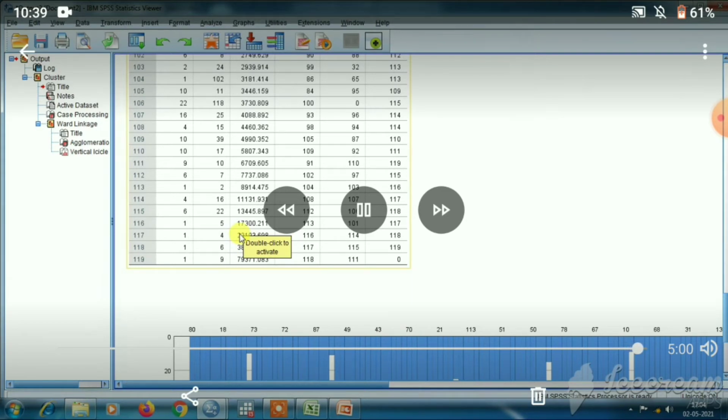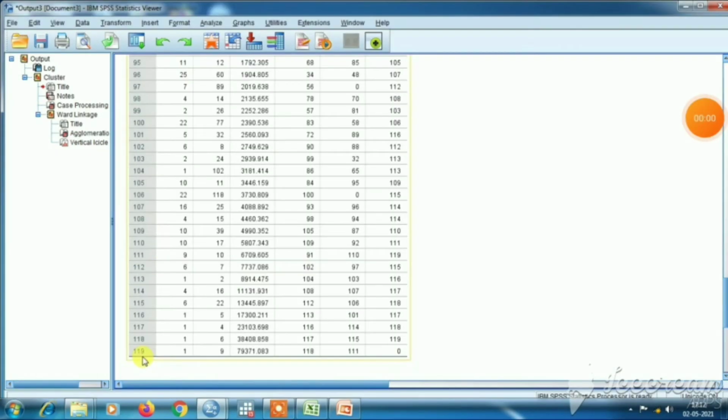So the number of possible clusters is 120 minus 117, that means 3 clusters. The jump is huge here, about 36,000, so we have to check where that huge jump has occurred. Others are negligible, more or less uniform. So from this hierarchical cluster analysis, we can determine the possible number of clusters.